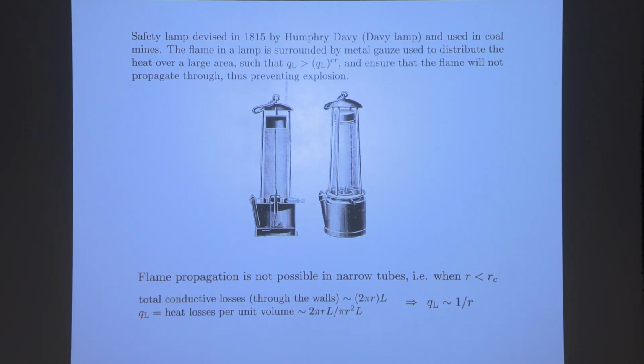And the heat loss QL per volume, if you divide by the volume, you get QL is 1 over R, which means that QL being sufficiently large to extinguish the flame is equivalent to R being sufficiently small for the flame not to propagate. And this is how experimentally you determine the flammability limit.